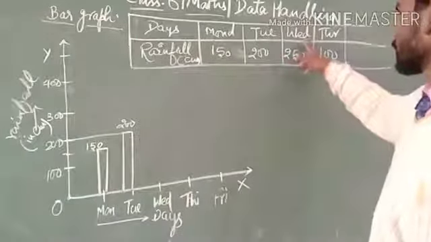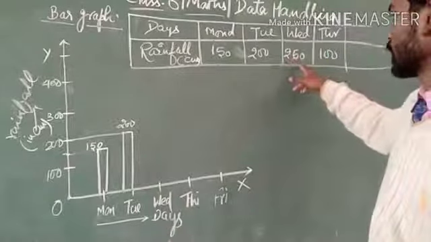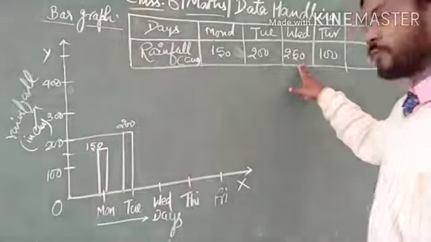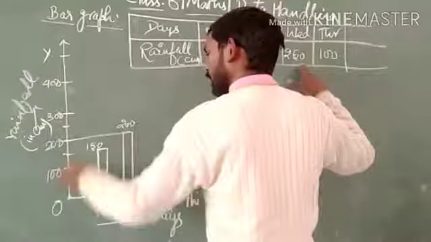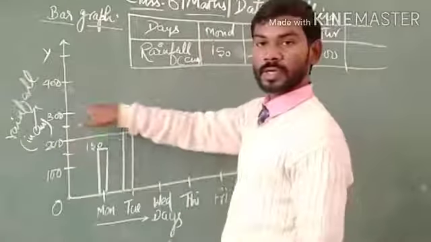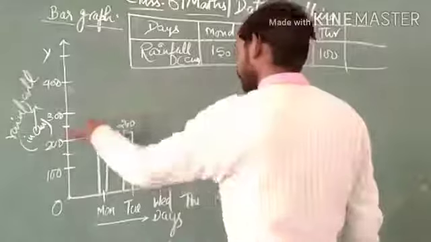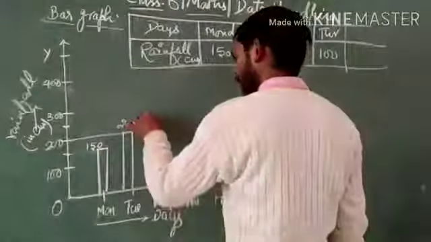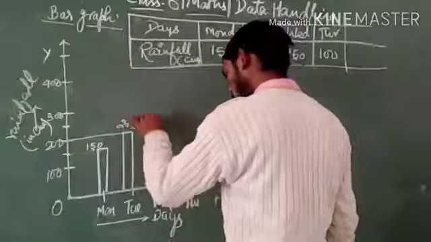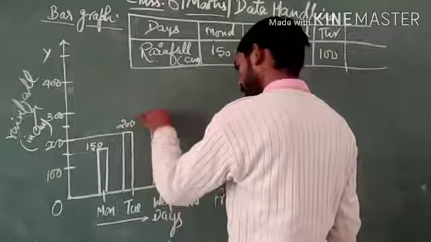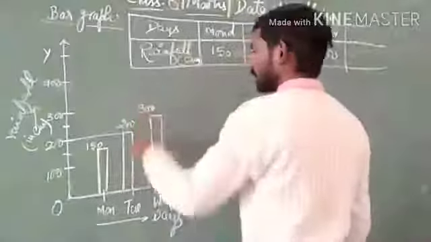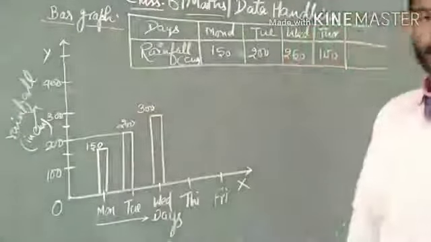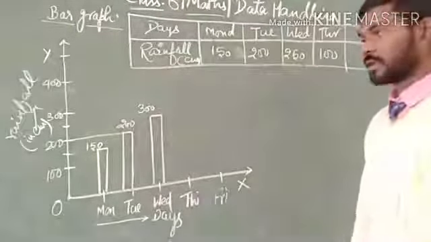Similarly, on Wednesday, we can see that the rainfall is of 250 centimeter. So the 250 centimeter will lie between 200 up to 300, and this will be here. We shall draw the figure. This will represent 250 centimeter rainfall on Wednesday.